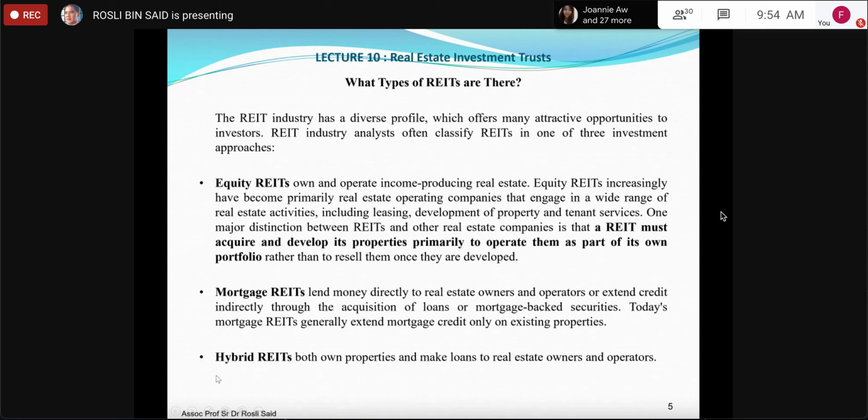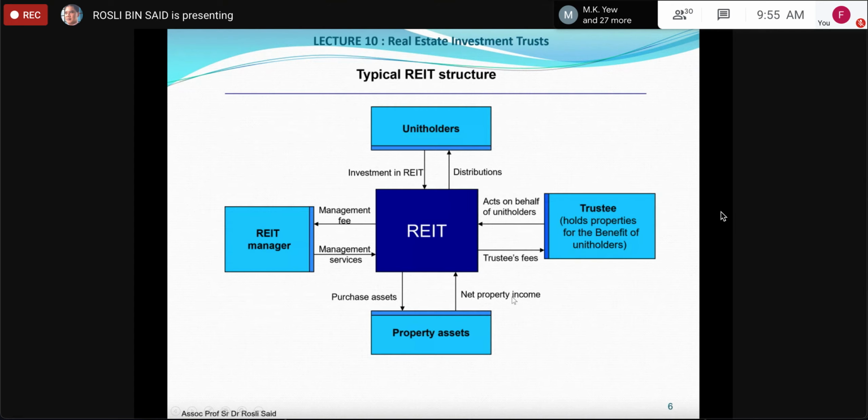So that's why the rental market for a REITs company is very important. If the space is fully rented out, that means the company is very good. We'll see later on how we justify the performance of a REITs company.